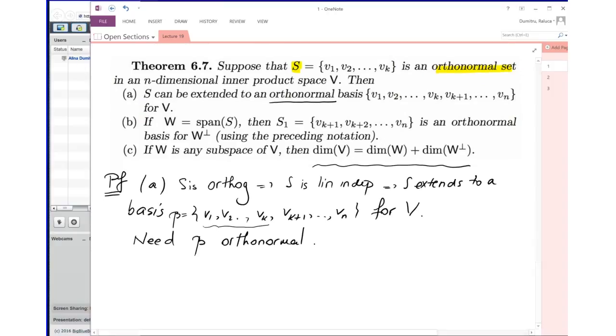All right. So let's apply Gram-Schmidt. Let me change the names here. All right, so I'm adding n minus k vectors. Let me call them v prime k plus 1 up to v prime n.